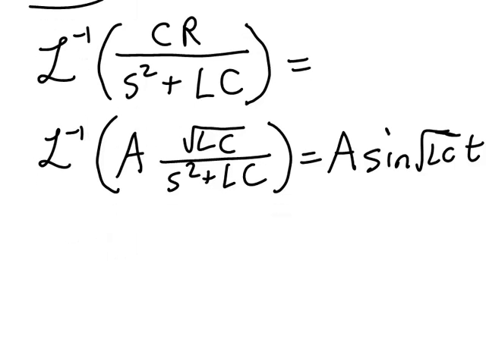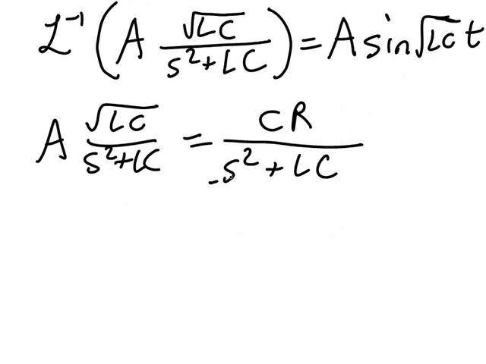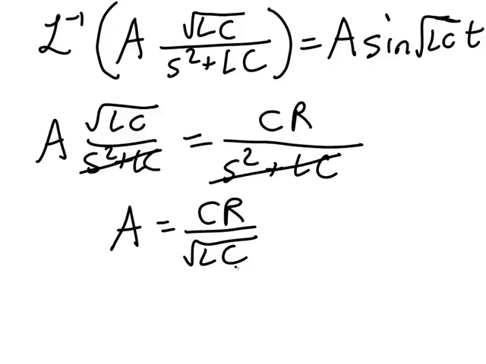In order to figure that out, I have to make sure that this function that I have in parentheses matches the original function that I started with. I need to solve this for A. So my final answer looks like this.